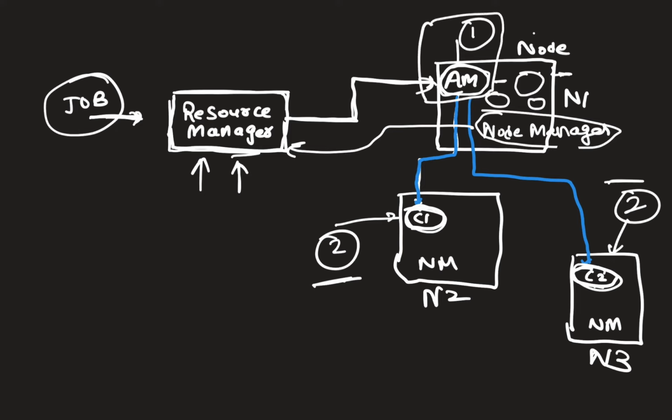After that your normal job execution takes place, and let's say a node failure happens and the application master says that this container has failed, this task has failed, so it needs more resources. Application master will again ask resource manager that I need resources on some other node because of failure. So resource manager will again negotiate the resources from any other node through the node manager component. It will get the container, and then application master will start tracking that new container. So in this way the whole process works.